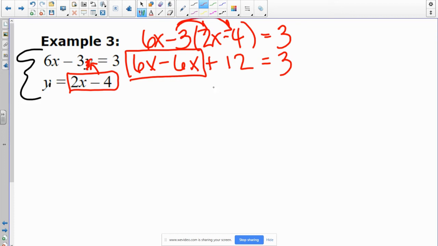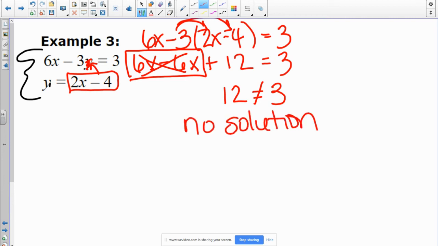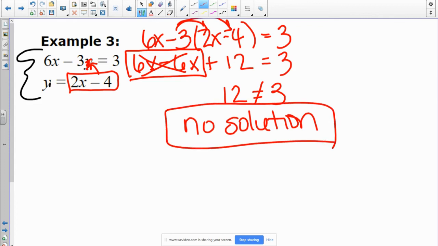So because these cancel out, I end up with 12 equals 3. So if I step back and analyze it, I'm thinking 12 equals 3? Well, that's not true. So if this statement is not true, if you end up canceling out the x values, then you know there is no solution, because there is nothing that equals both sides.